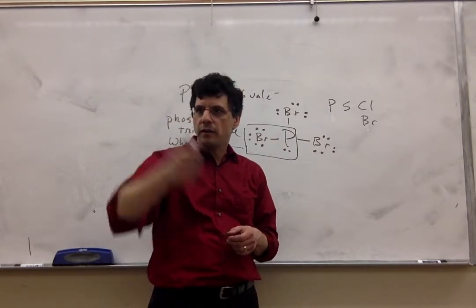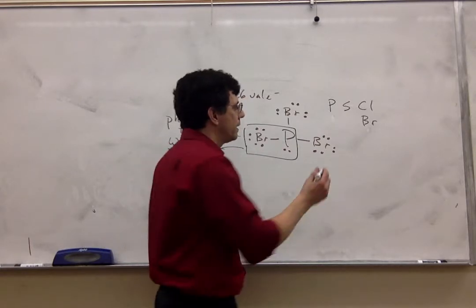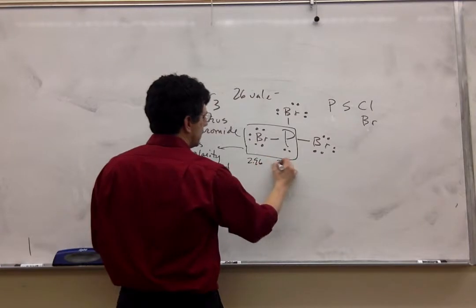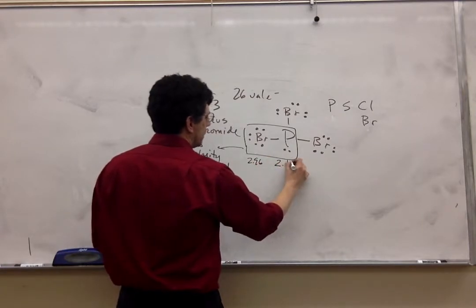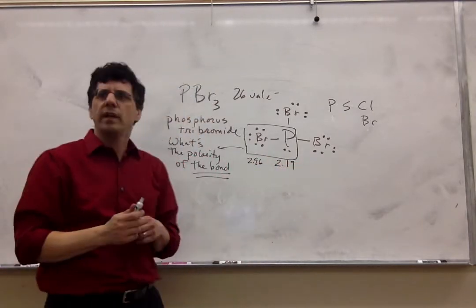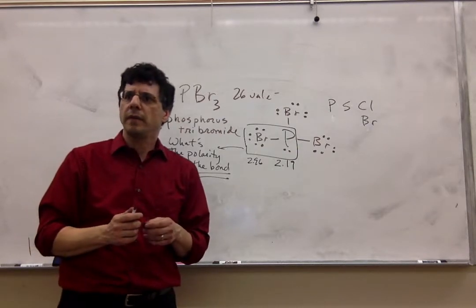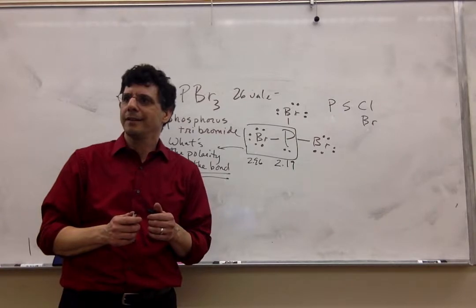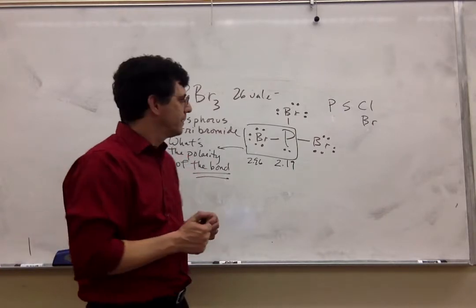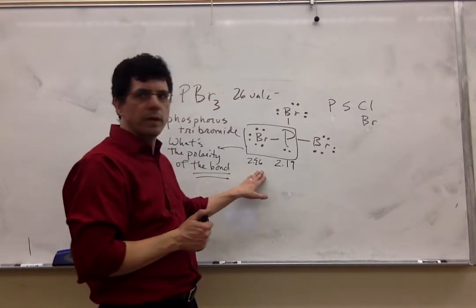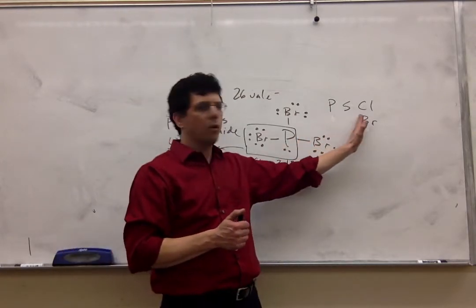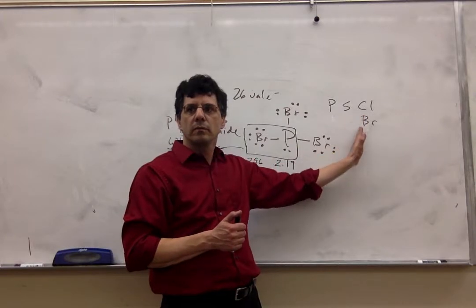So you've got values though. What do you got? Bromine is 2.96 and phosphorus is 2.19. And what did I say? Was I making a comment as to which one was more electronegative? I don't think I did. So, do we agree with this? We're over 2, but only down 1.